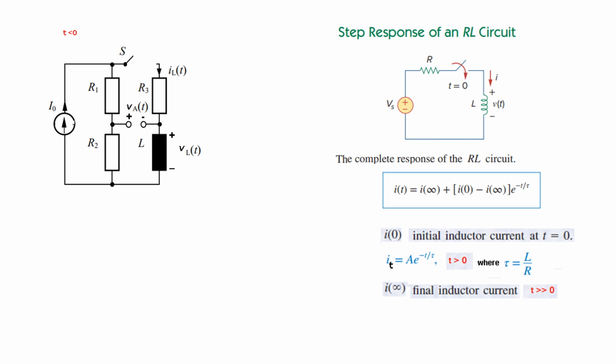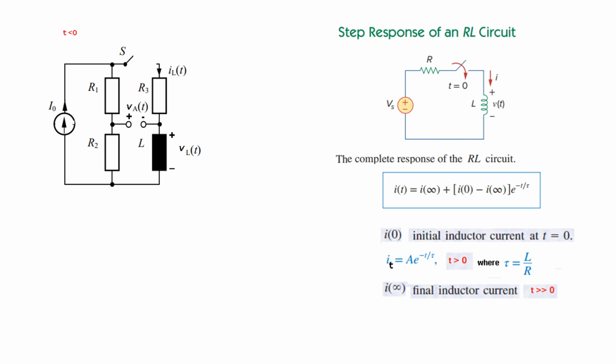Before solving this question, let's recall what we have learned about the step response of an RL circuit. This is a circuit when the switch is on and voltage is applied, and we found the complete response, given by this formula, where i(t) is the current at any time t.